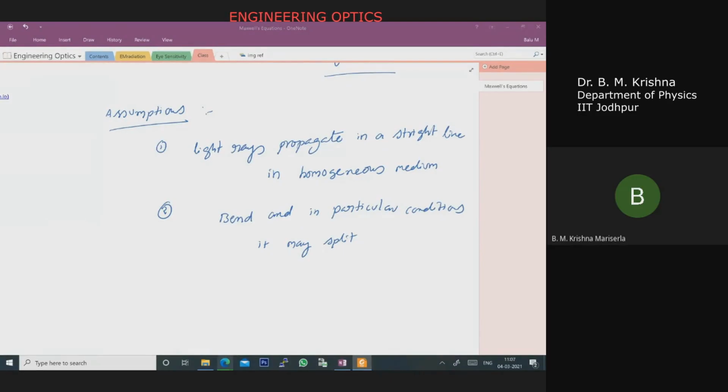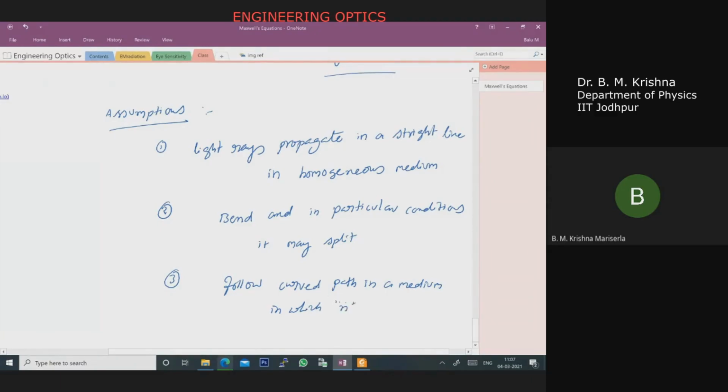And the third one, it follows curved paths in a medium in which the refractive index changes.